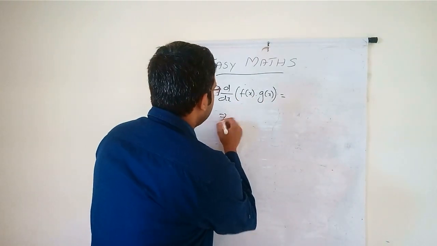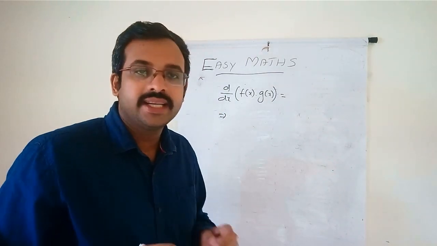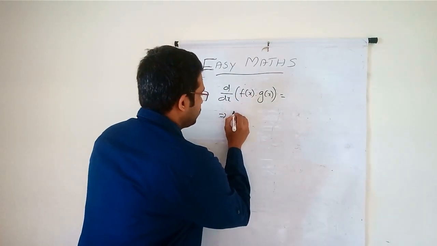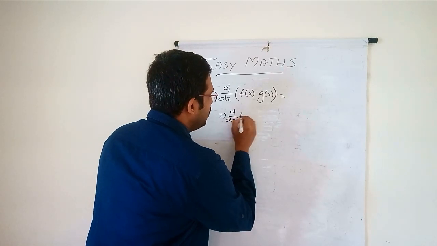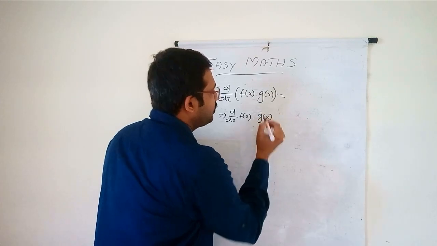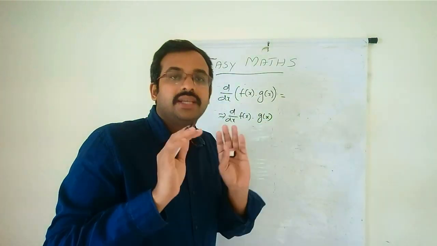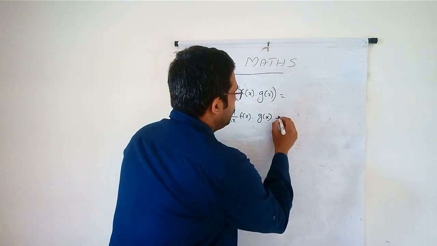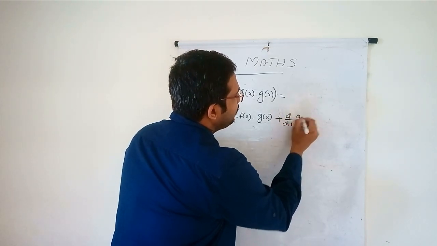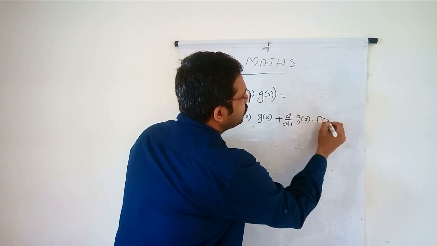Derivative of first, so d by dx of f of x into the second function, g of x, which I keep as g of x itself, plus d by dx of the second function into the first.